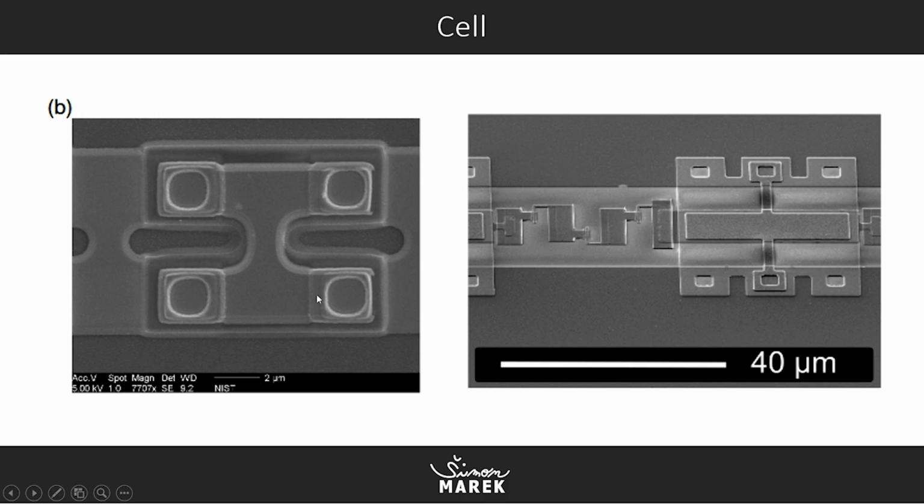This is kind of a Josephson junction for a Josephson parametric amplifier, and here's a whole cell for a traveling wave parametric amplifier, the more advanced brother of the amplifier series. You can see Josephson junction and capacitors and inductors.